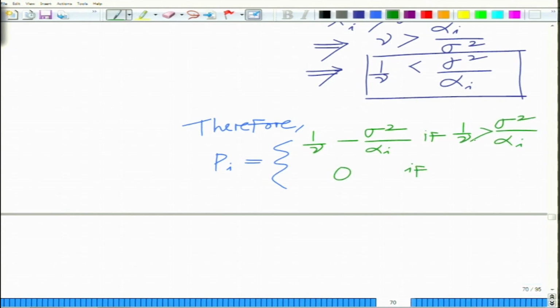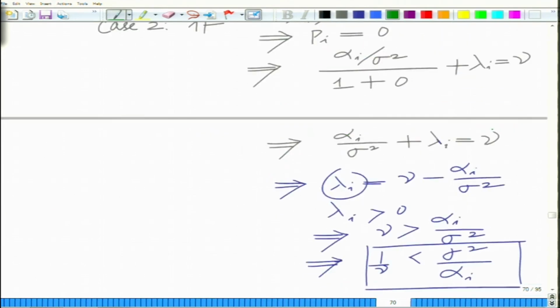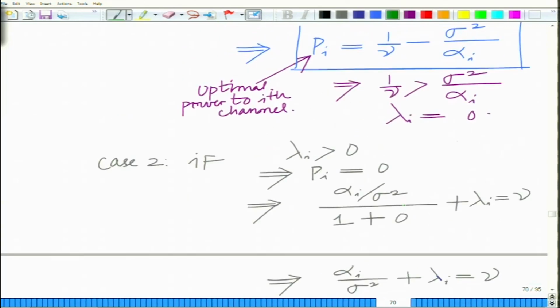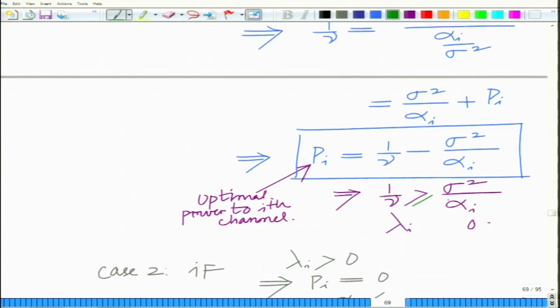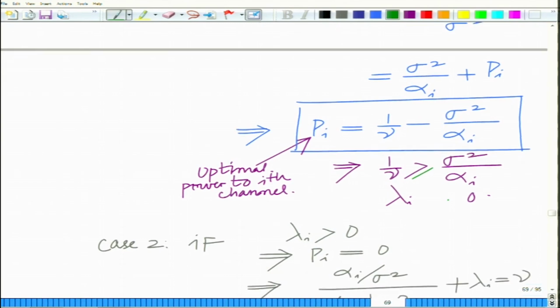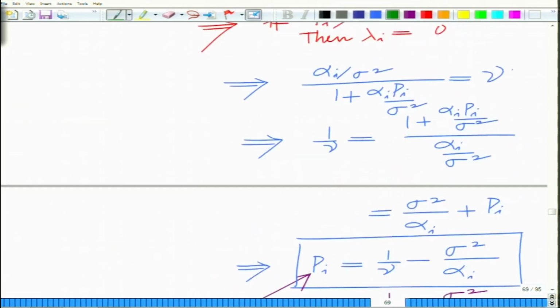Or you can make this greater than or equal to, actually. Lambda I is greater than or equal to 0. Let me just correct this a little bit. So, lambda I is equal to 0. Okay. So, Pi is greater than or equal to 0.